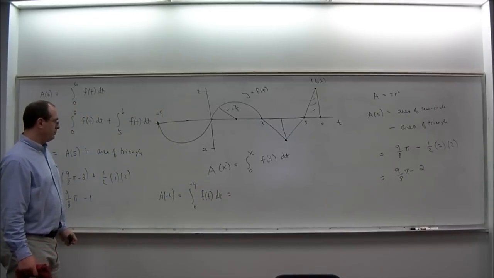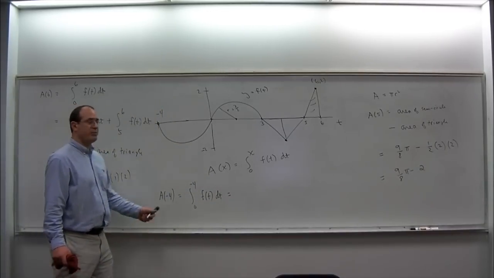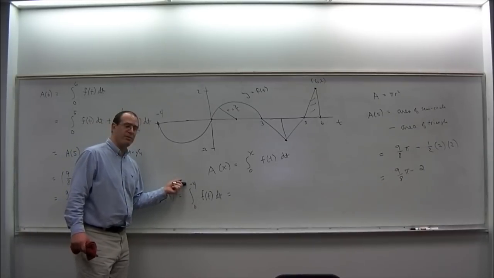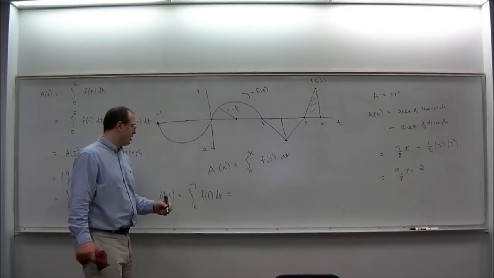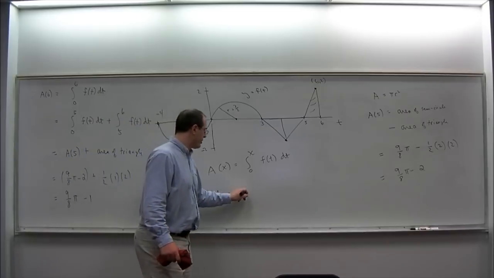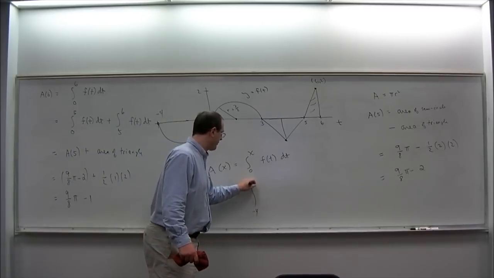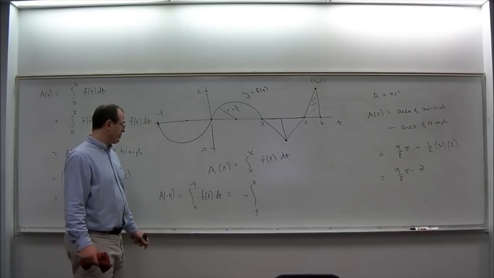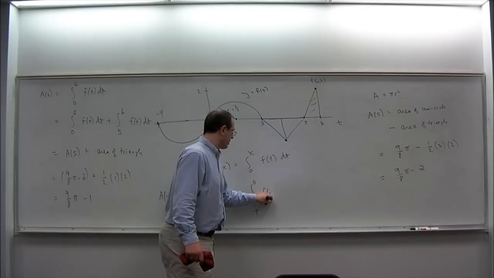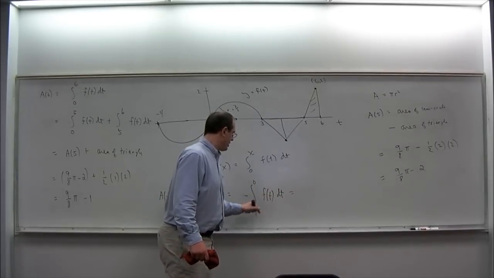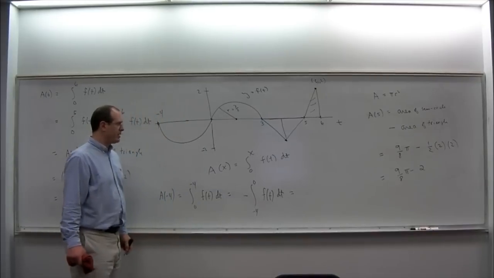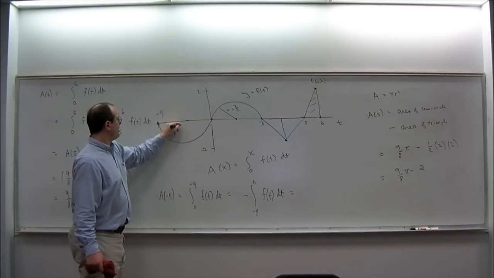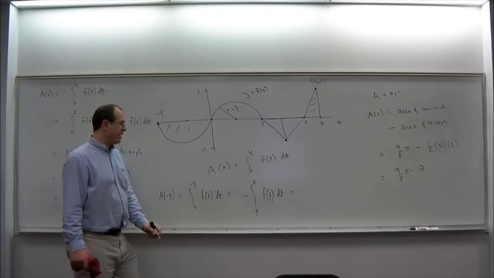And to calculate this in terms of area, we should always have the smaller number on the bottom and the bigger number on the top. And that's not the case here. So another property of definite integrals is we could switch those numbers if we put a minus in front of the integral symbol. So now this integral can be interpreted as an area.